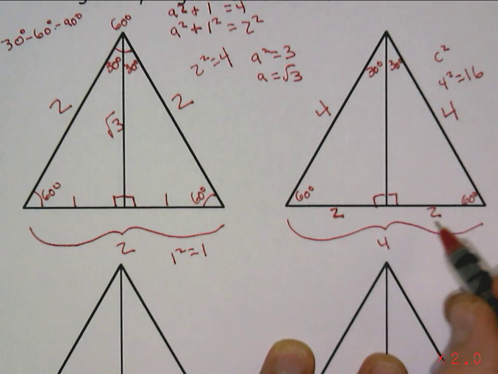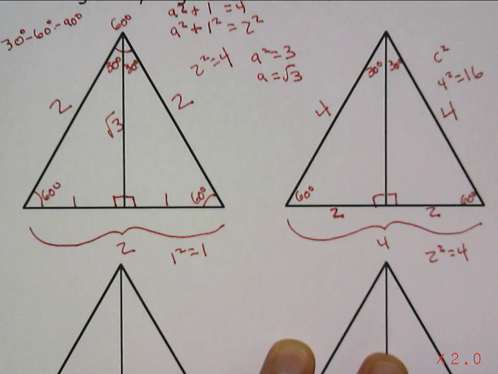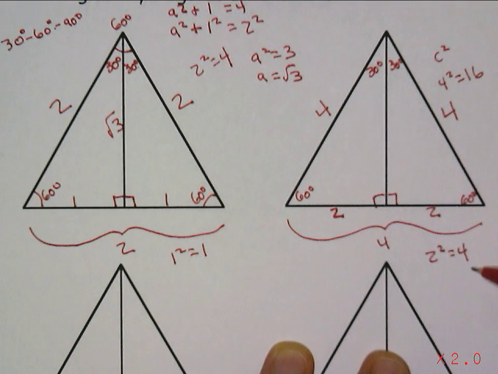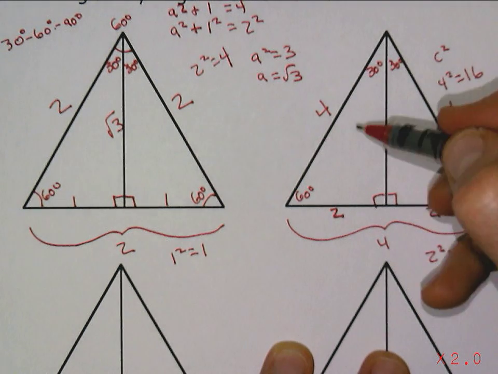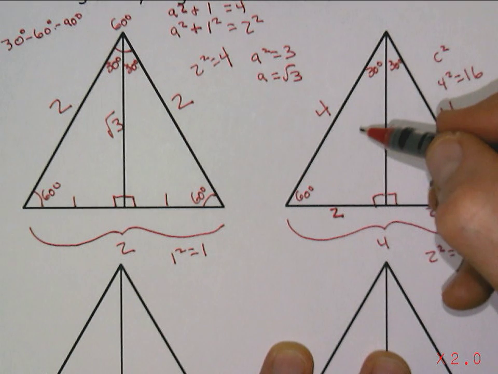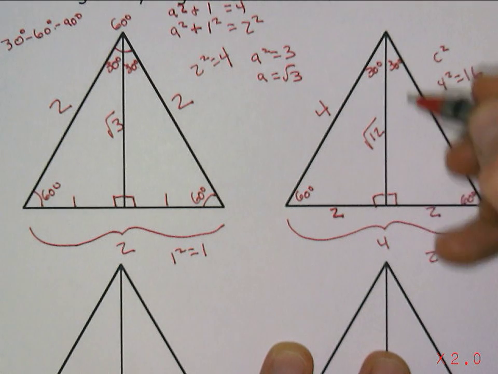And then the other leg, 2 squared. So now I have the hypotenuse and a leg, so I have to work back to the other leg. So this plus 4 equals 16, so now I know that has to be a 12 for the a squared is 12, so a would be the square root of 12 for that length.